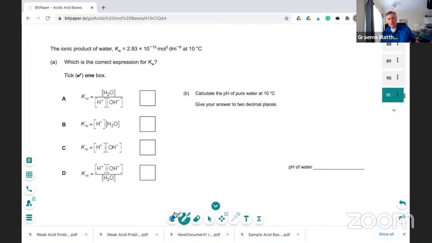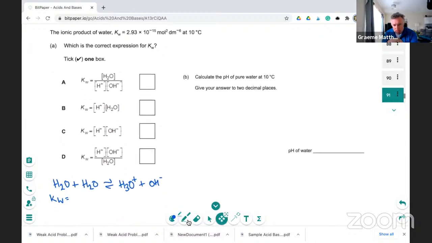So in your notes, chemist, you're thinking, I've got to reference this back into my notes and consolidate my knowledge. It's the auto-ionization of water. This is what they're going after, because water is amphiprotic, meaning it can act as an acid and a base. And so Kw is going to be products over reactants.